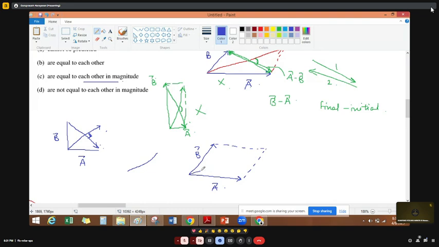That means this will be A plus B and this will be A minus B, and then I think this will be 90 degree. Can anyone confirm that? Here it is correct. But in rhombus also, I think this will be 90 degree. Is that correct? Anybody remember from your maths?